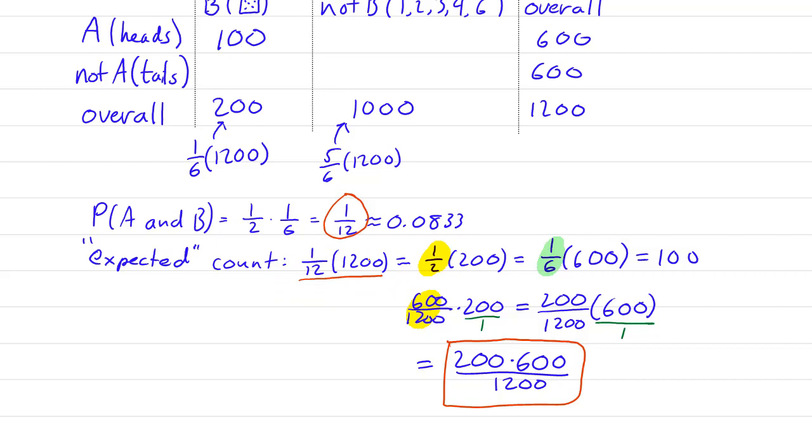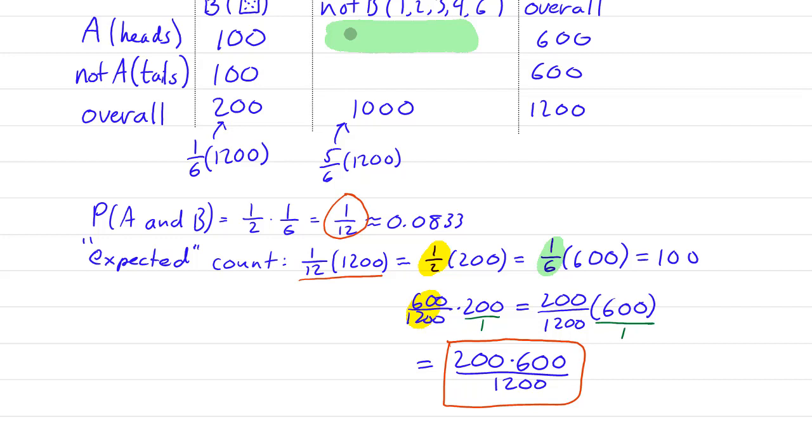We could take the probability of not A, meaning you get tails, multiplied by the probability of getting a 5, and this should also be 100. And if you want to calculate this one, you could do it either way.